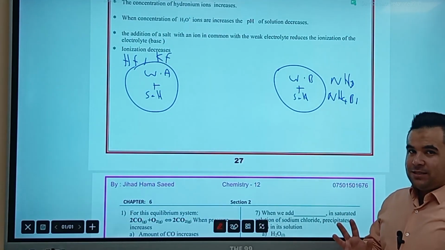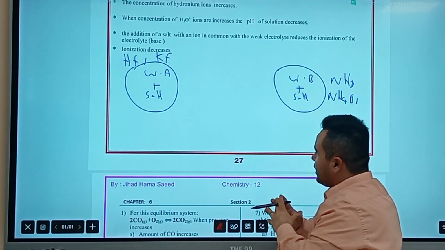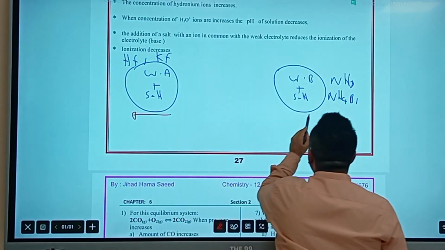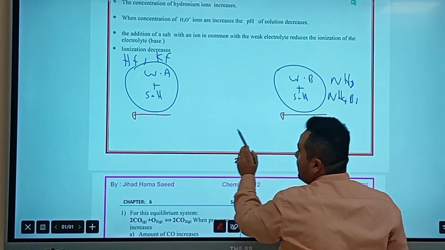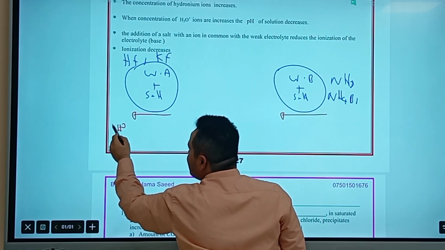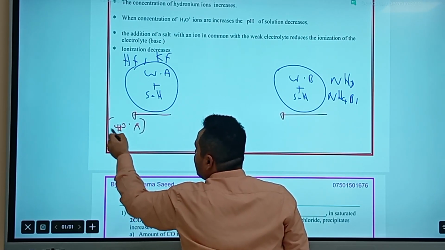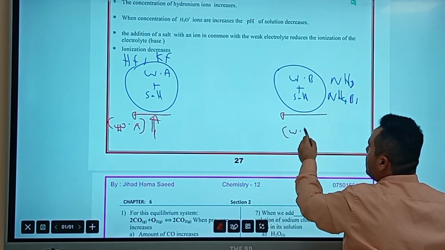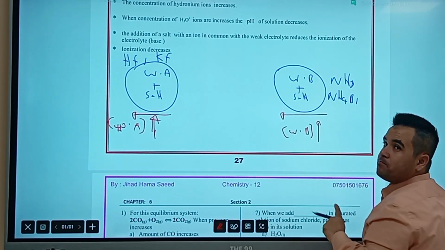Addition of a weak acid to a salt with a common ion always favors the reverse. Here also the reverse is favored. The concentration of the weak acid increases, the concentration of the weak base increases.